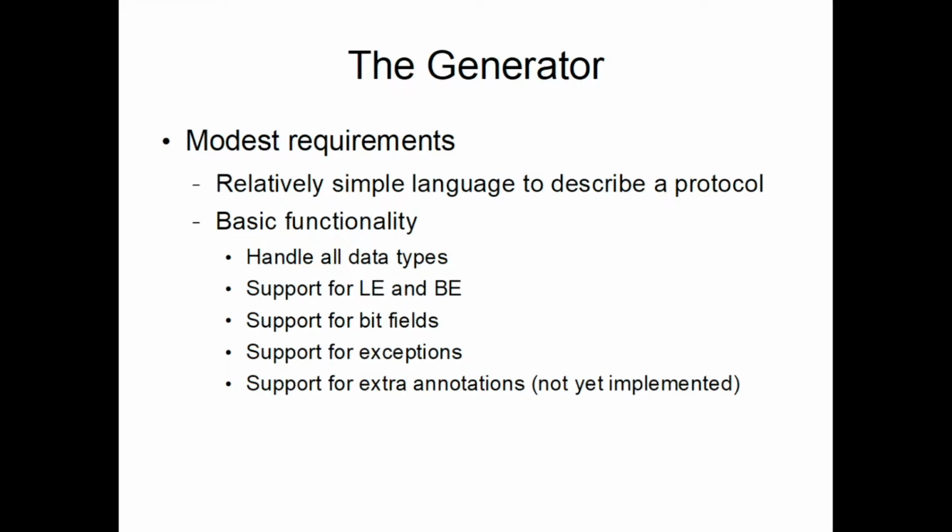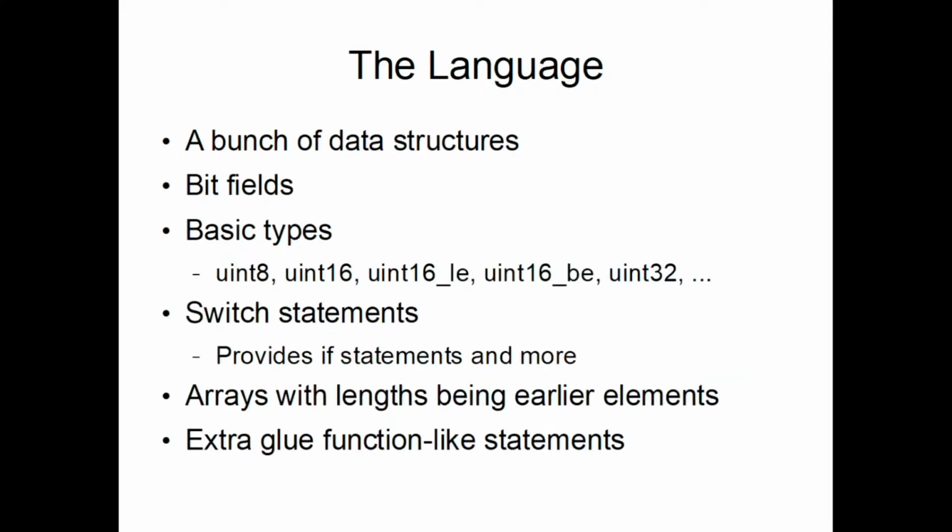You might want to alert the user that some of the values in there are incorrect for the protocol, and it would be nice to have an easy, simple way to indicate that in the protocol description language. And it should support some extra annotations, and I'll tell you what I mean by that in a short while, but it relates to some of the things that Graham showed.